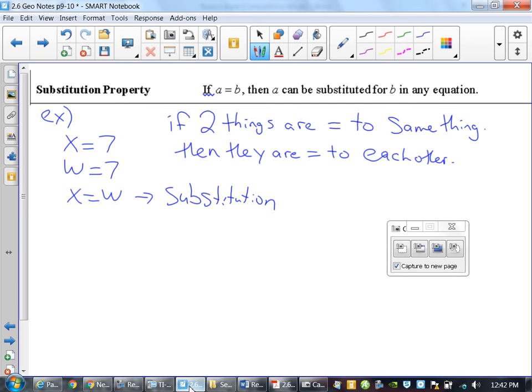Now there's a difference between substitution and transitive. Notice, substitution, they're vertical of one another. The same thing is vertical above one another, whereas the transitive property, A equals B, B equals C, A equals C, those two are diagonal of one another.